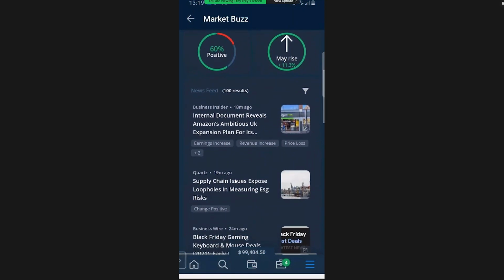And you go down and you can find things that are affecting Amazon. Look, you start to see supply chain issues, exposed loopholes, Black Friday gaming, all of that relates to Amazon, those articles. Black Friday, the biggest online sales day of the year, right? Supply chain issues. There are worries about what might happen to Amazon stock value because of the supply chain issues that are occurring in the ports and all across different countries.